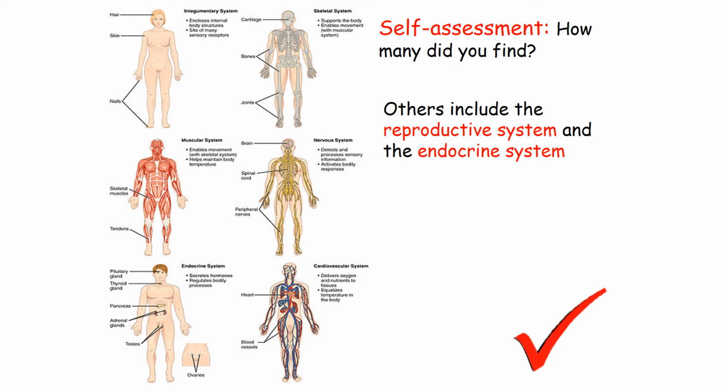We have the cardiovascular system, which is responsible for transporting oxygen and nutrients around the body. And we also have the endocrine system, which is responsible for secreting hormones and controlling various aspects and levels in the body, such as blood sugar level, water content, salt content, etc. And we also have the reproductive system.